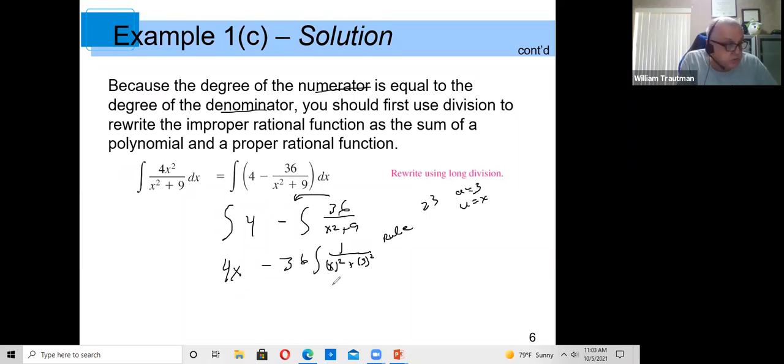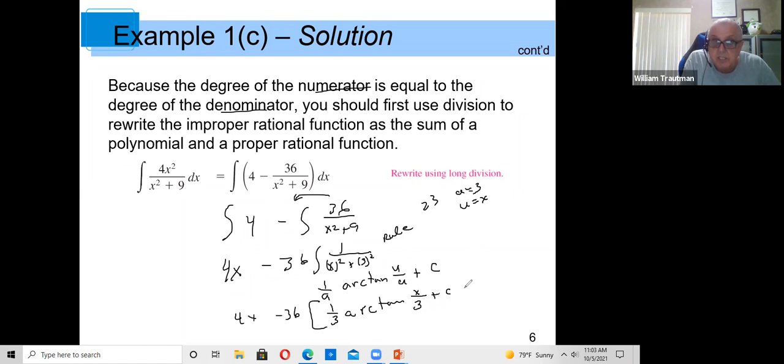And then if you go to rule 23, once again, it turns into 1 over A, arctangent U over A plus C. Okay, so we're gonna plug this in. I end up with 4x minus 36 times 1 over 3, arctangent, A is 3, U is x, x over 3 plus C.